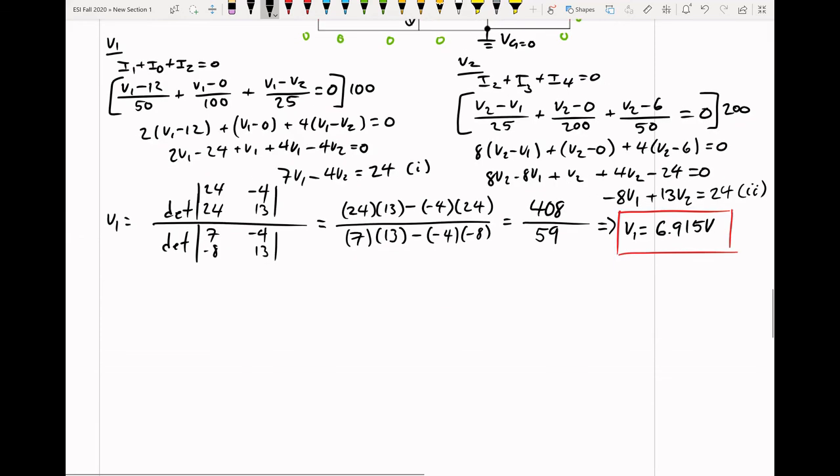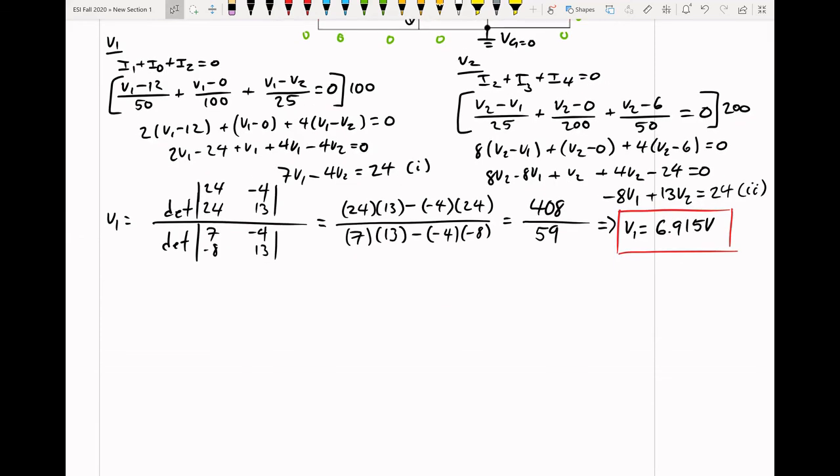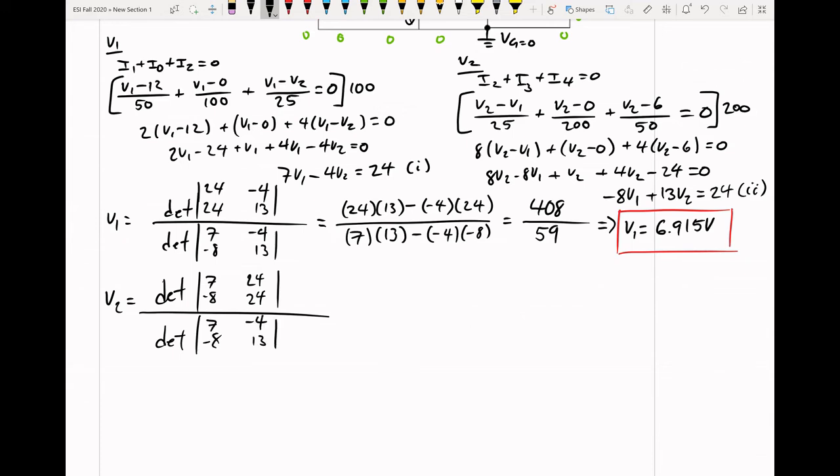Then if we want to do V of 2 in the same fashion, it's the determinant of 7, -8, 24, 24 over the determinant of 7, -8, -4, and then 13.